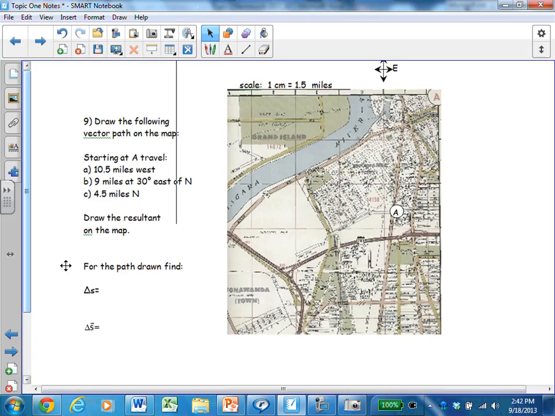Now vectors add together. When you add together, you add them from the tip. You take the tip and you draw it to the head. And then the next one, you start at the tip and draw to the new head of it. Head to tail. We did tail to head, sorry. You start at the tail to head.